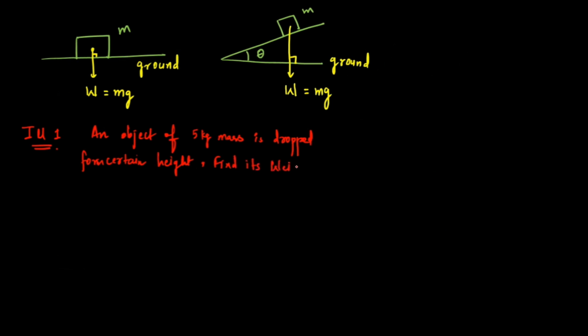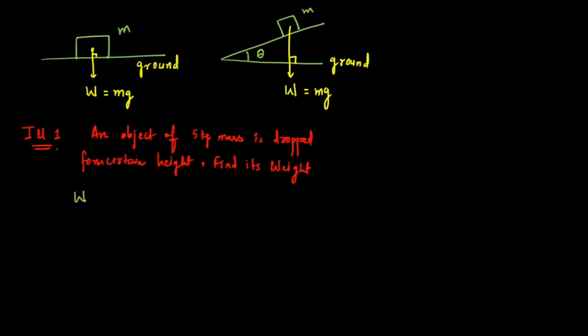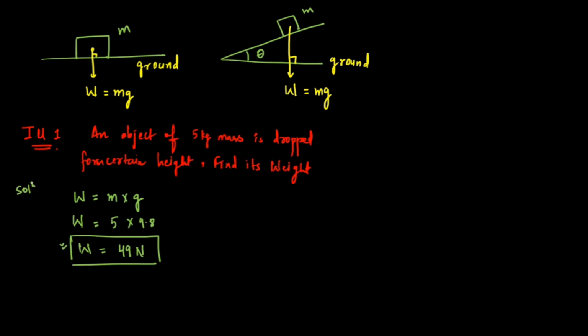How can we find its weight? We can simply say that weight is nothing but the product of mass and gravity. If we don't mention the planet name, we will always consider it to be Earth. Mass is 5 kg, g is 9.8, so weight is going to be 49 newtons. This is how we find weight: just multiply mass and gravity of that planet.